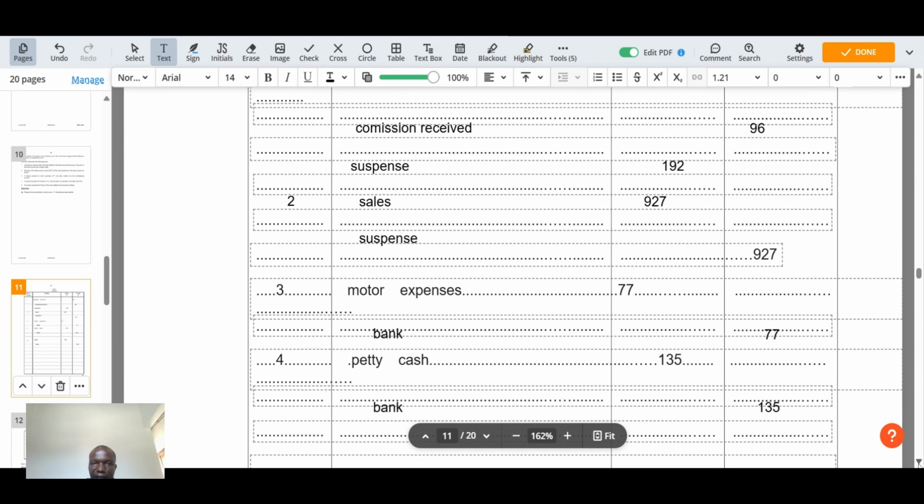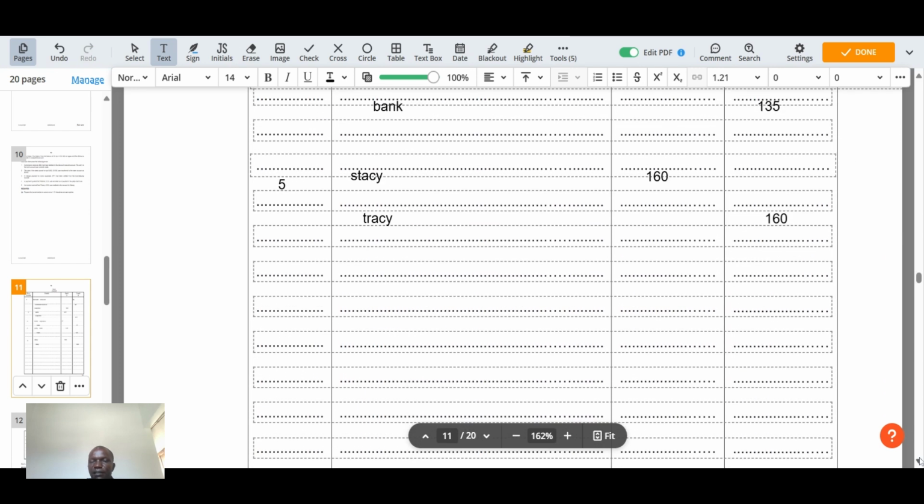Like for example here, the one about commission and discount received, the 192 has to go on the debit side of the suspense account, and the sales here, 927 has to go on the credit side of the suspense.